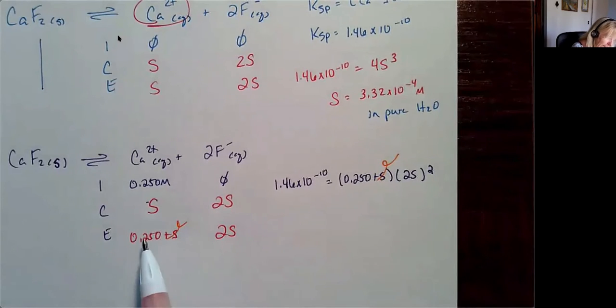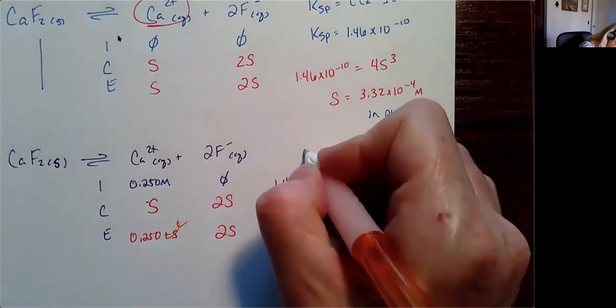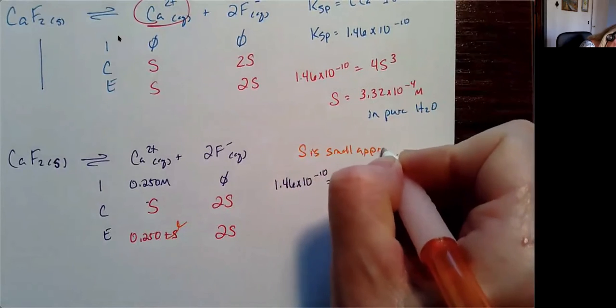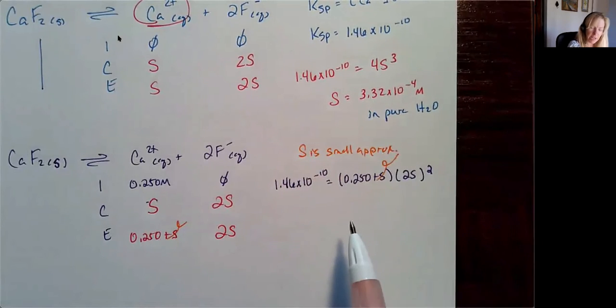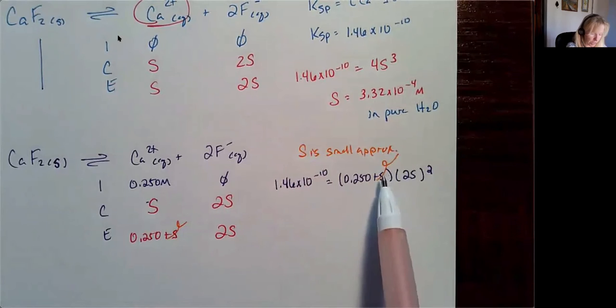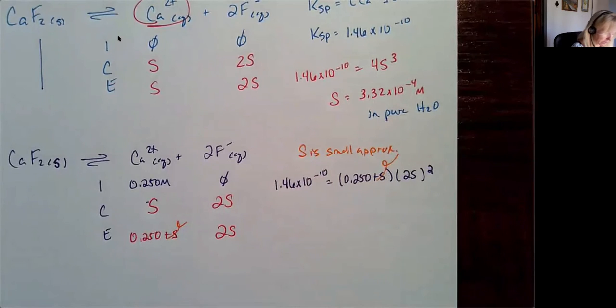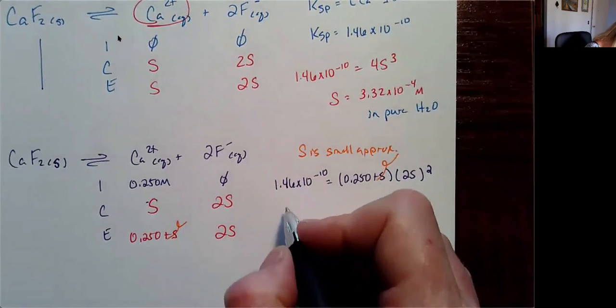Because even if I add to this, this is so much higher than whatever I would be adding, it's really not going to change this amount appreciably. So instead of my x is small approximation, this is my S is small approximation. And instead of removing it from a reactant, I'm removing it from a product. So a little bit of a different scenario here. That makes my math a lot easier.